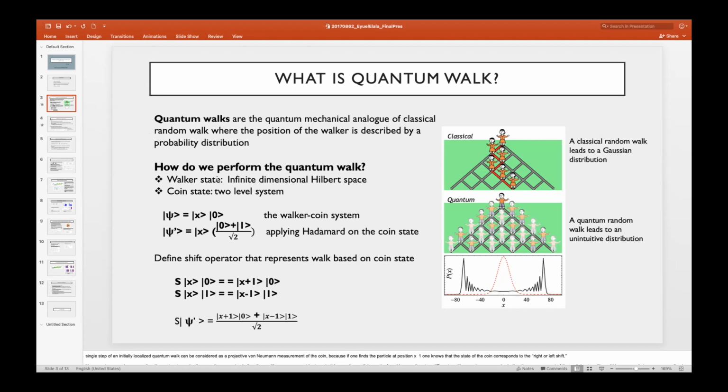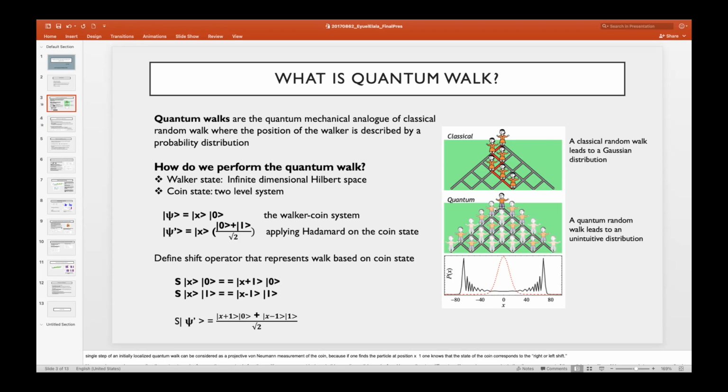Can you explain the unintuitive distribution? Okay. Classically, if you are at the origin and you flip a coin, there's a 50% chance of heads and tails. So after, for example, 50 walks, there will be a high chance you'll be at the origin, because there's a 50% chance of going to the right and 50% of going to the left.